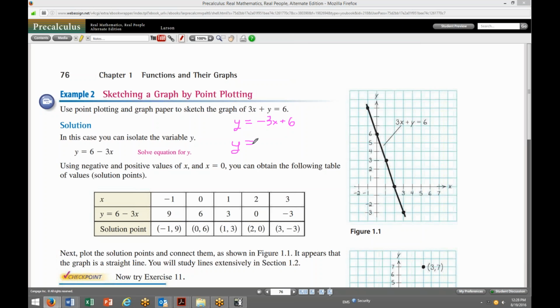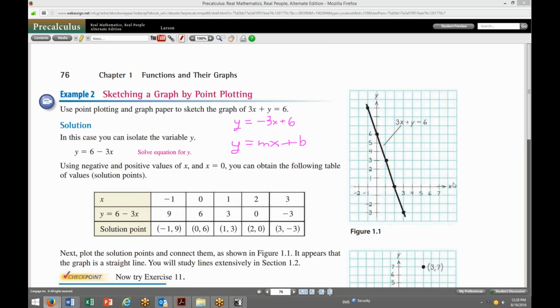This is a little precursor to the next lesson, section 1.2, I believe, where we have what's known as the slope-intercept form of the equation of a line, y equals mx plus b. We have converted our 3x plus y equals 6 equation into slope-intercept form, and that is now y equals -3x plus 6. So the m representing the slope is -3, and the b representing the y-intercept value is 6.